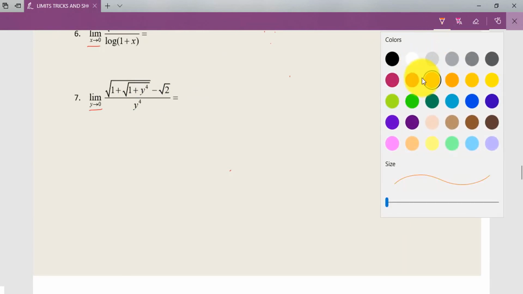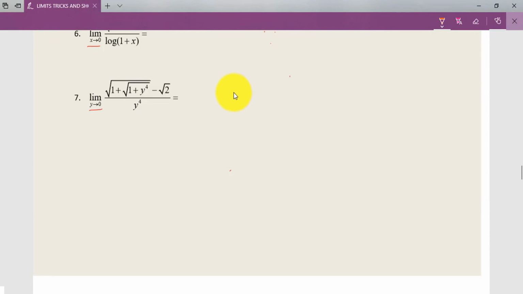I can write it as (1 plus y power 4) power 1/2. And since y tends to 0, I can make this adjustment, that is 1 plus 1 by 2 y power 4. So this part I have evaluated.